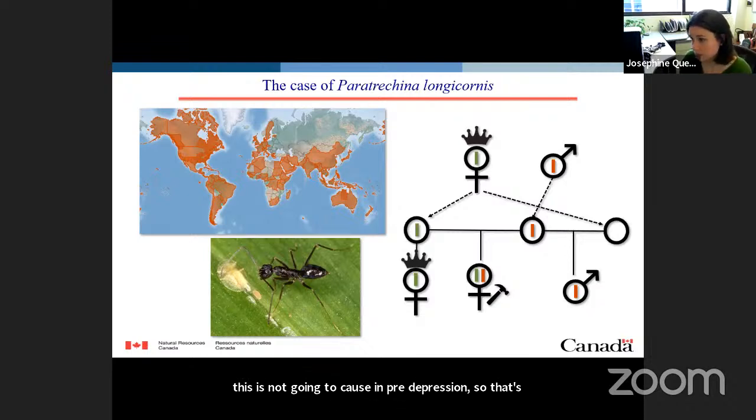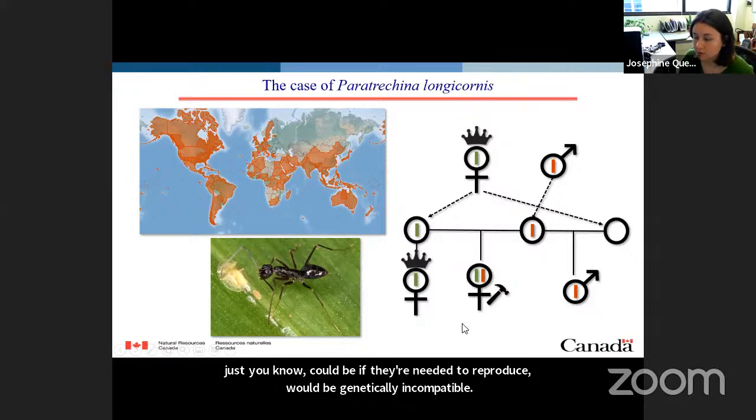The other advantage of this reproductive system is that when a queen arrives into a new area by herself and she cannot find a male of her own species to reproduce, she can do what we call sperm parasitism, where she can mate with a male of a related species and use his sperm to create hybrid workers. And because these do not really need to reproduce, their genome could be, if they needed to reproduce, genetically incompatible, but in individuals that do not need to reproduce, that's not a problem.